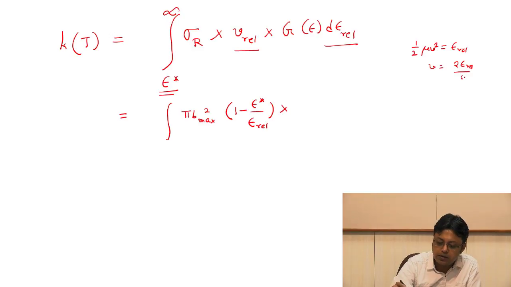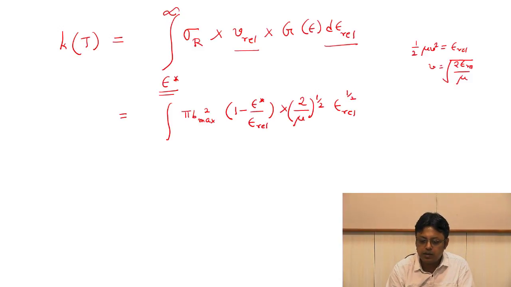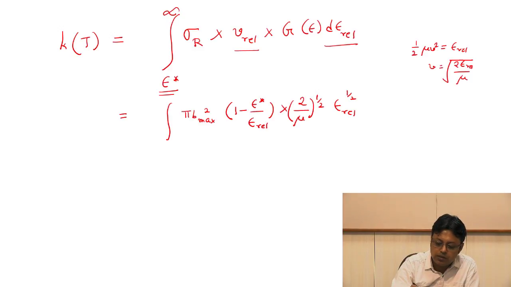So you write it as square root of 2 by mu, times epsilon relative to the power half. And then I have g epsilon d epsilon, the distribution function. So this is sigma r, and this is the relative velocity expression.